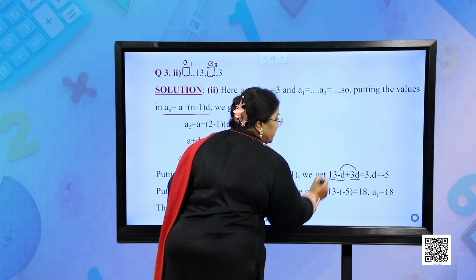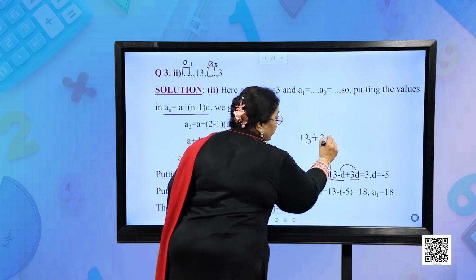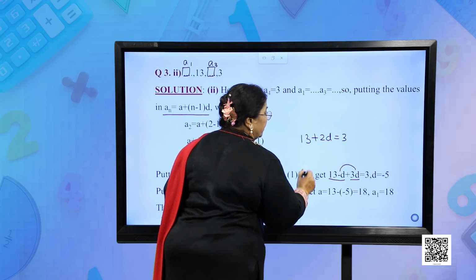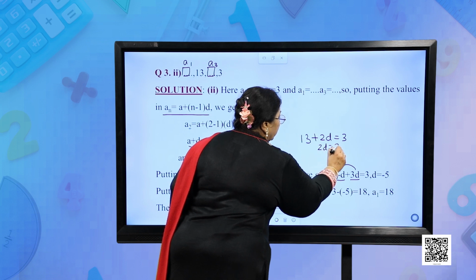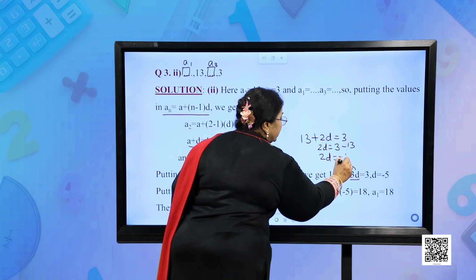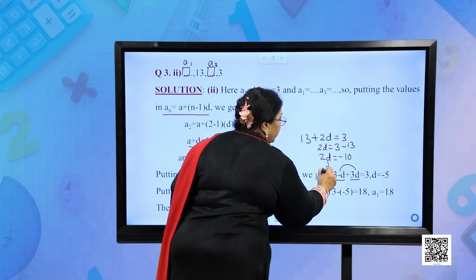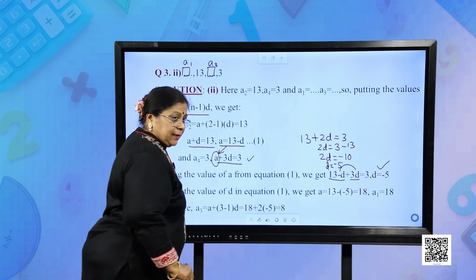What is 3D minus D? It is 2D. 13 plus 2D is equal to 3. That means, we have here 2D is equal to 3 minus 13 or 2D is equal to minus 10. That gives me D is equal to minus 5.